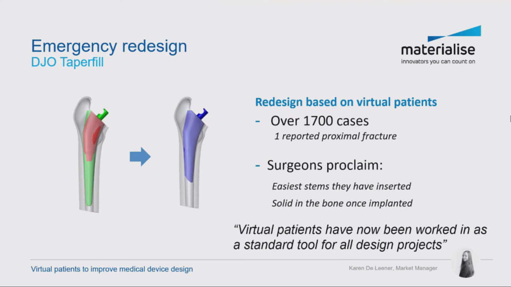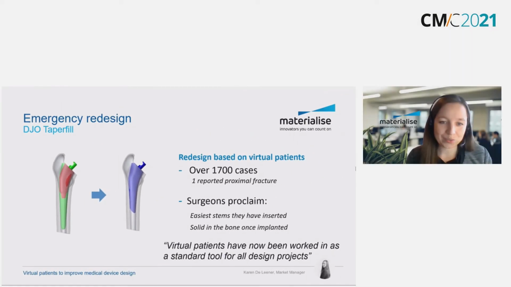So of course, this information was then taken in-house by DJO to redesign the implant. And sure enough, the implant is now performing exceptionally well. And also a nice quote at the bottom. Since then, they use virtual patients as a standard tool for all their R&D.